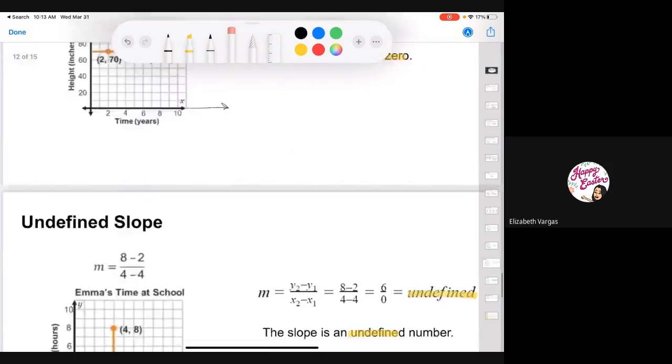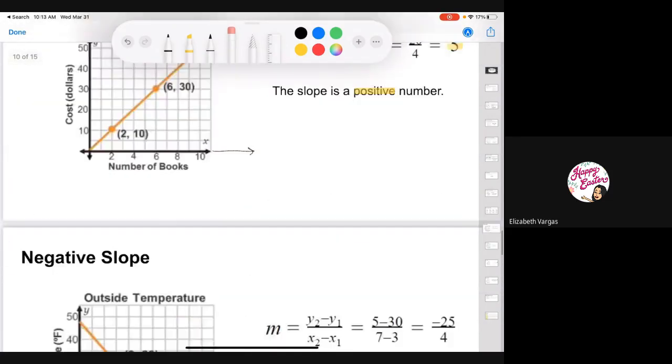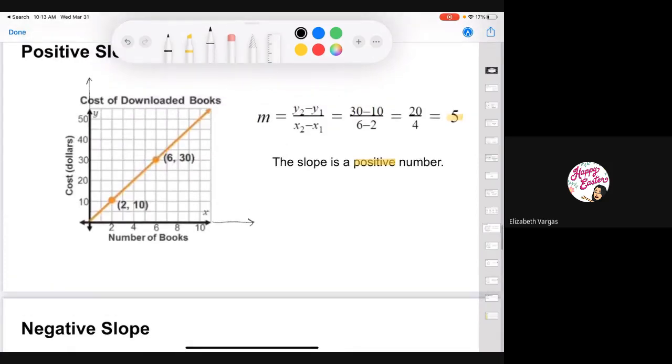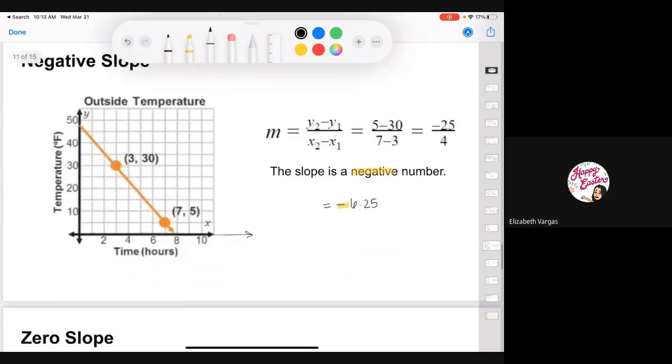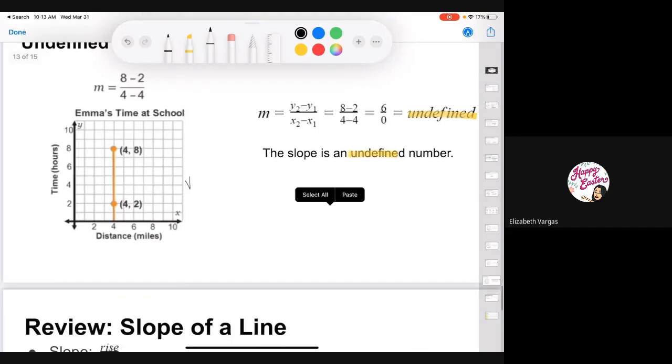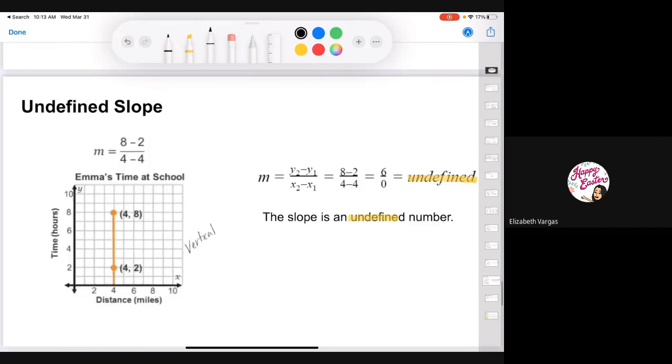Also by the way that they move: here you go up from left to right, here you go down from left to right. So all these different characteristics, here you have horizontal. And here you have vertical. So there's different characteristics for these different types of slopes, and we can use these characteristics to define what type of slope we have.